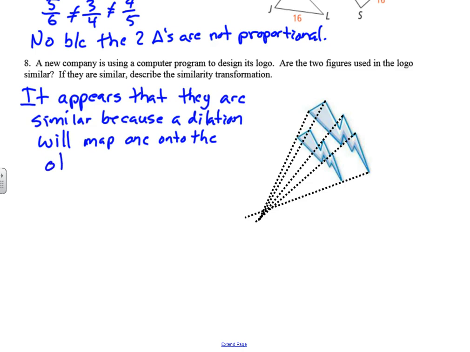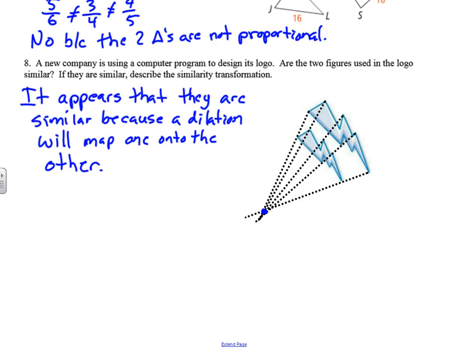And again, if you ever get one of these questions and it says find the center of dilation and you have the two, that's the way you do it. You just take the pre-image and the image and you draw your lines through, and that gives you what that center of dilation is. And if we had some more information, we could figure out what the scale factor is for that, same way we did it in our last lesson.